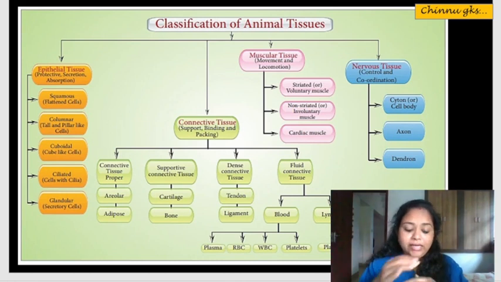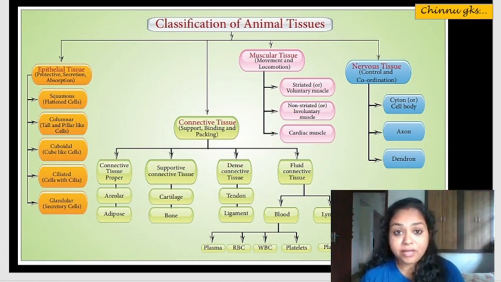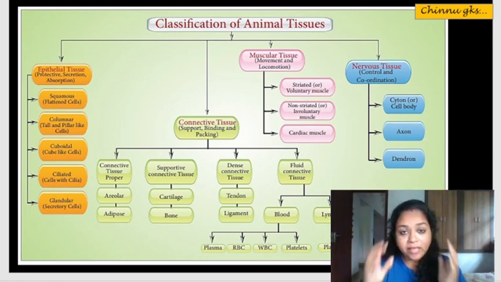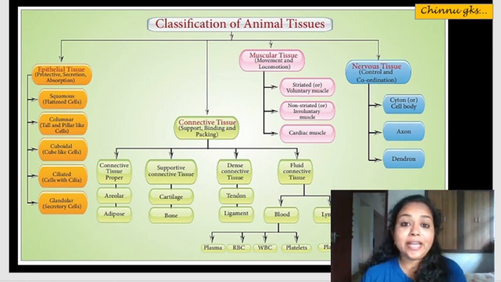Then you have the innermost one, which connects all our important visceral organs and helps in passing signals and giving information. So you have your connective tissues there. Finally, we have the muscular and the nervous tissue. The sum of all these four tissues helps in coordinating an entire animal body, an entire human body.